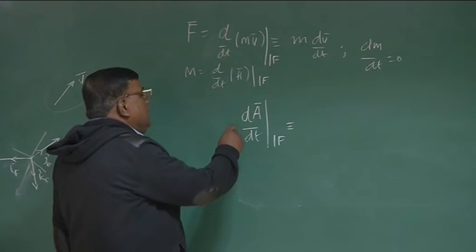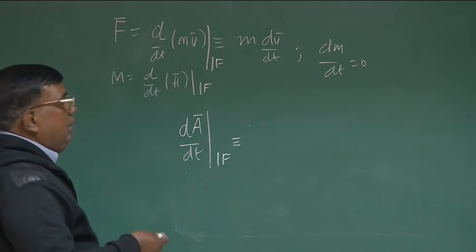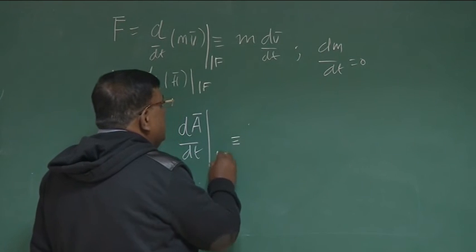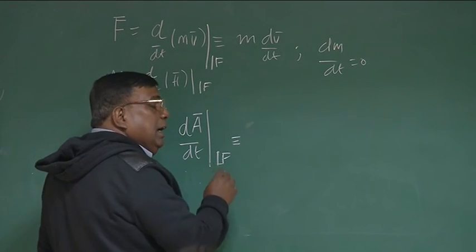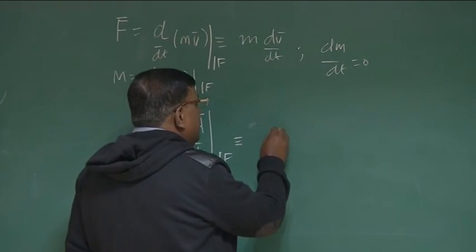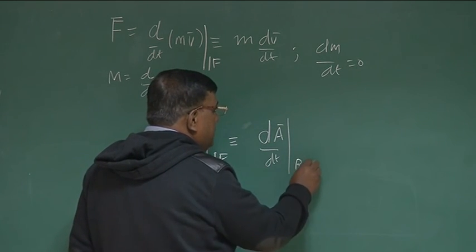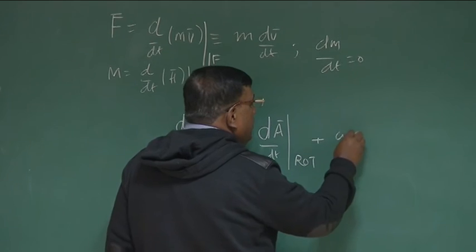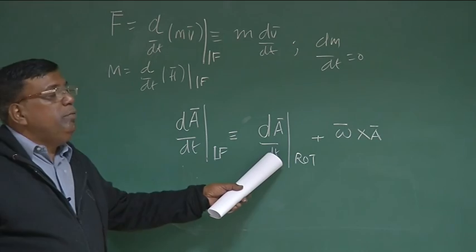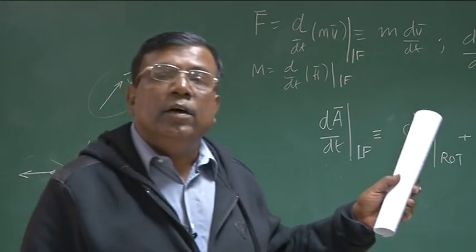So what do we want? dA by dt, but I want to work in a rotating frame. I will just show that it is a very standard result: dA by dt in the inertial frame can equivalently be handled by differentiating in a rotating frame if you put in an appropriate correction, and that is dA by dt in the rotating frame plus omega cross A. That is, you find dA by dt assuming there is no change in i, j, k direction, only the scalar part.